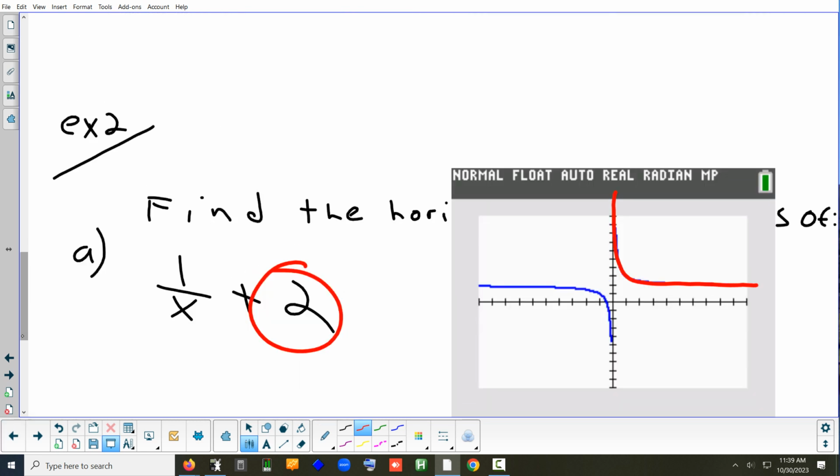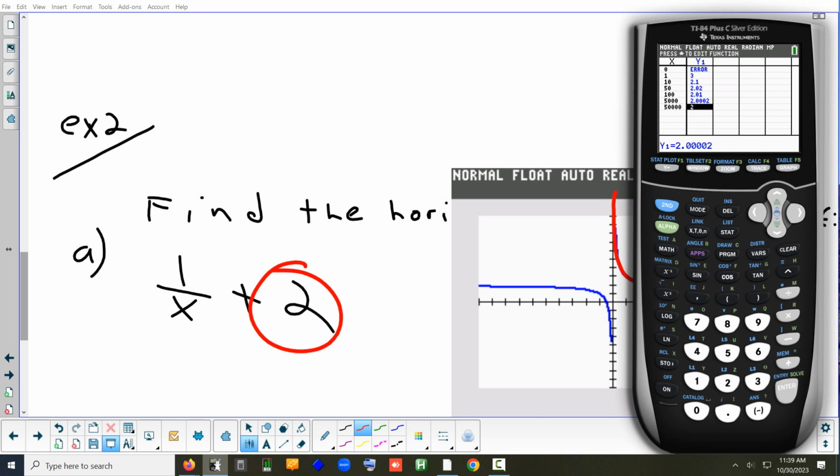There it is. Now the same thing happens as you go to the left. What would be a value I could plug in that's headed towards the negative numbers? Negative 5,000? Yeah, I could plug in negative 5,000. And I'm at 1.9998. So just about at 2, but just underneath it.